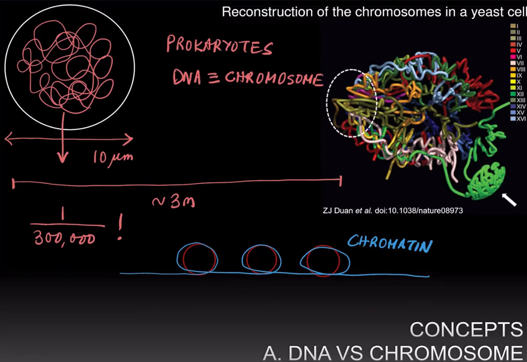And therefore, in eukaryotic cells, the difference between DNA and chromosome is that a chromosome is DNA plus other proteins that organize the DNA in the space inside the nucleus.